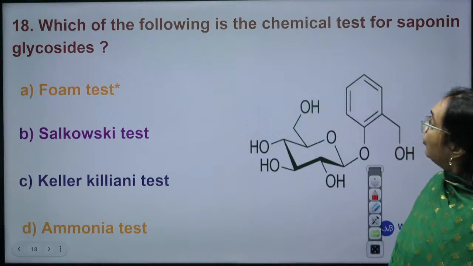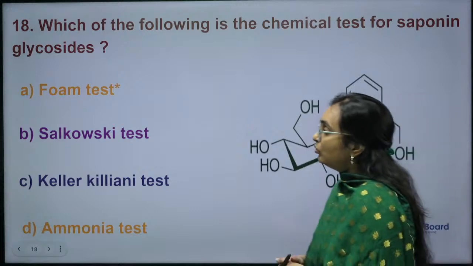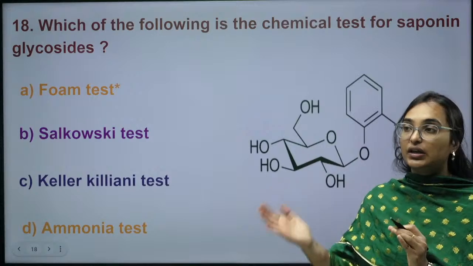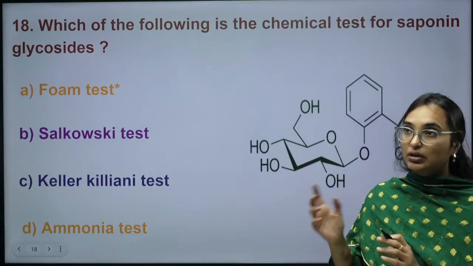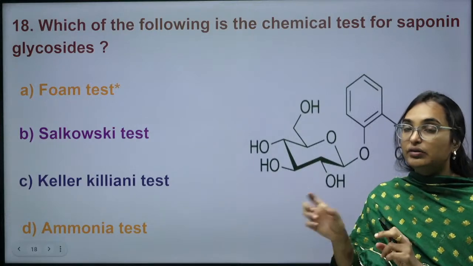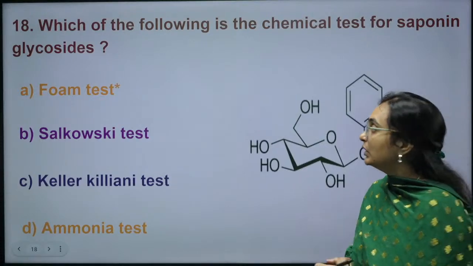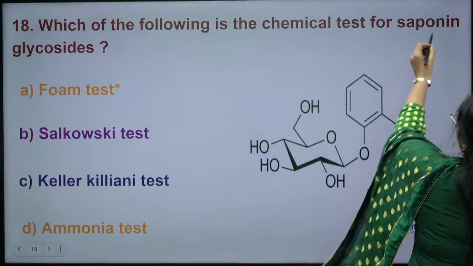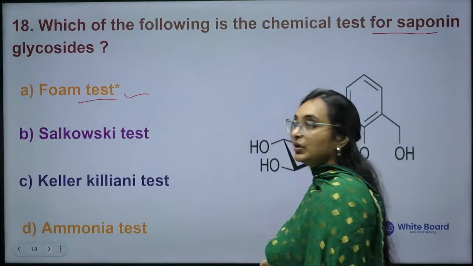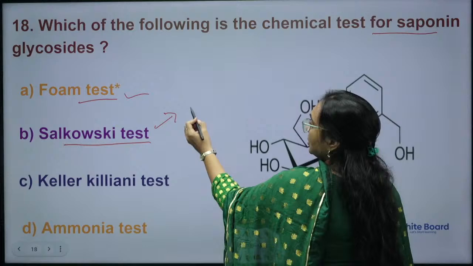Which of the following is the chemical test for saponin glycosides? You have to make a list of all the different names of the tests, the corresponding test name, and to which alkaloid, glycoside or element the test is done. So, saponin glycosides are tested by the foam test. Then the Salkowski test is for testing cholesterol.